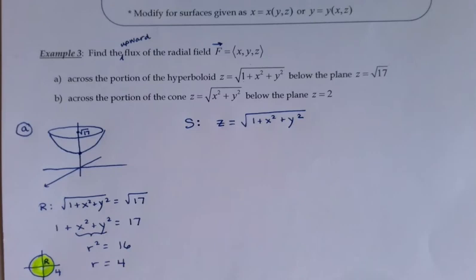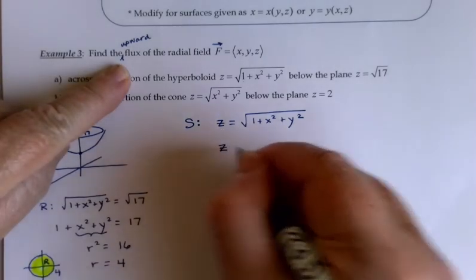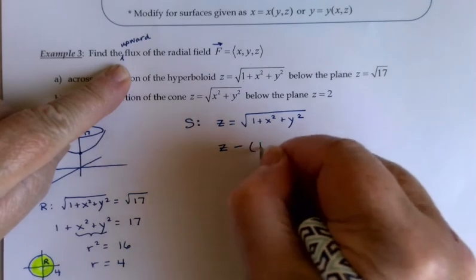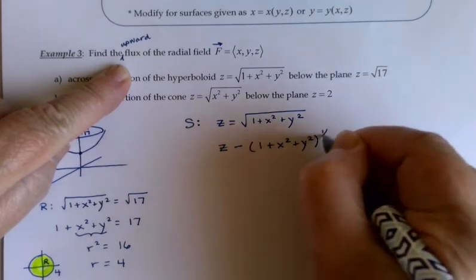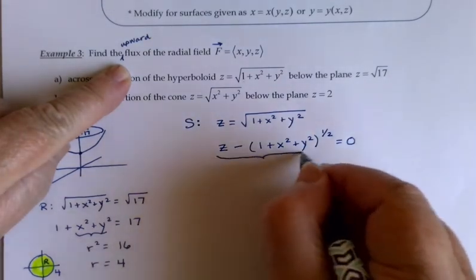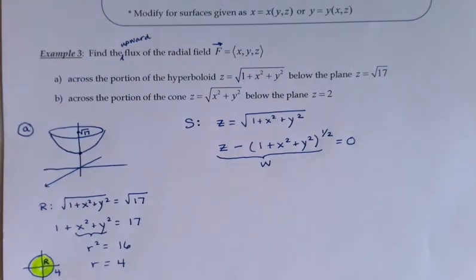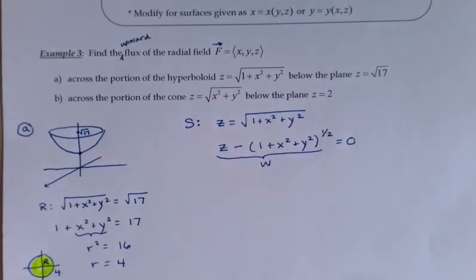Since I want the upward flux, I'm going to keep the z positive this time and subtract that over. I'm just going to rewrite it with a fractional exponent here. And this defines that level surface W. It's equal to a constant, so that automatically makes it a level surface.